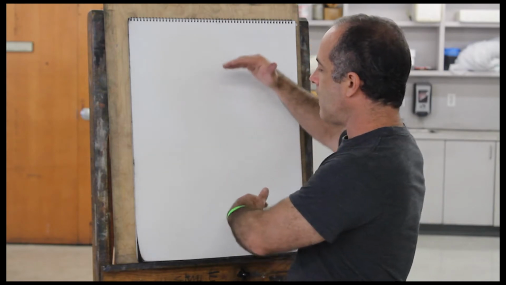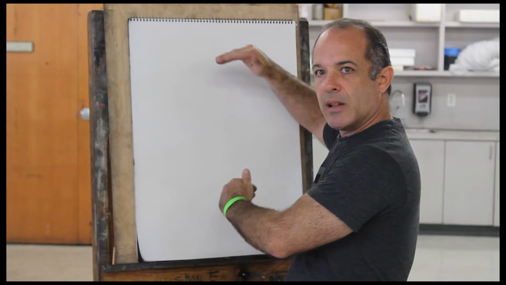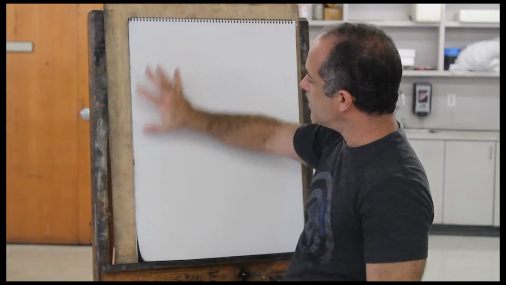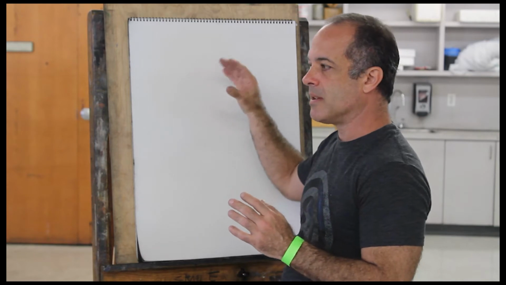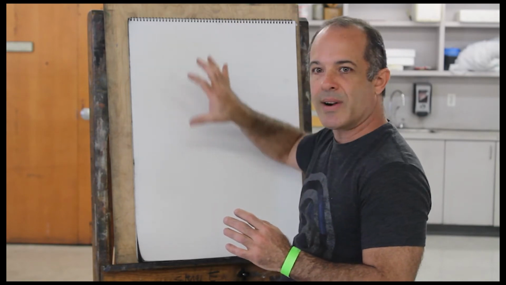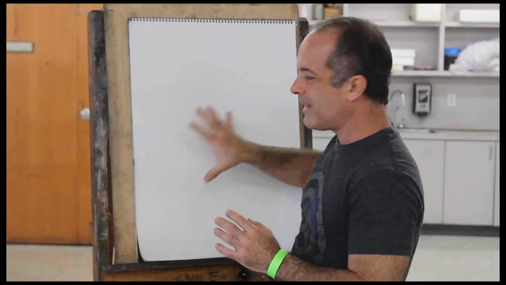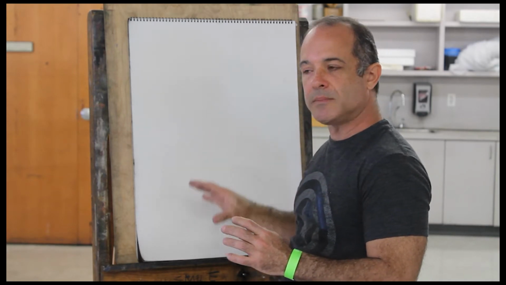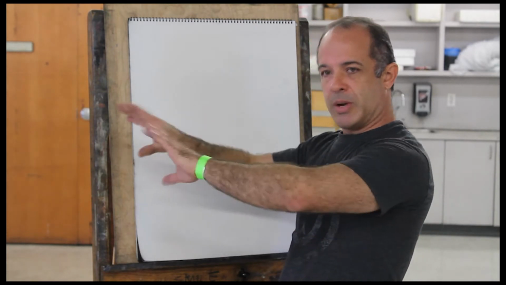It will also allow us to establish the size or scale of our drawing in relationship to our paper. And it'll start to give us some sense of where the different elements are going to be placed in our drawing. Elements are just the subject matter.